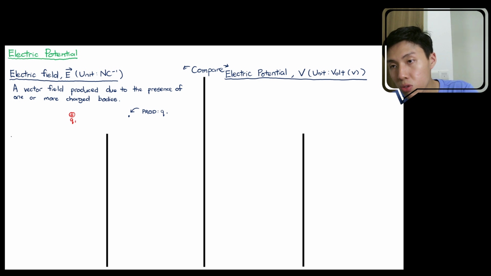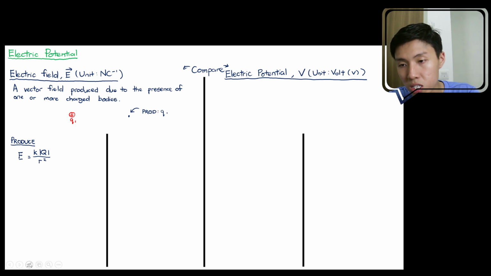If you want to know the electric field at that particular position and it's produced by a point charge, you can use this equation: E equals kQ over r squared. This equation can only be used if it's a point charge.